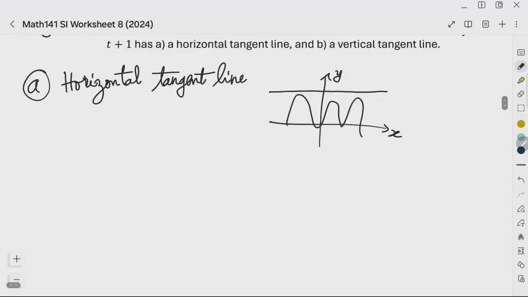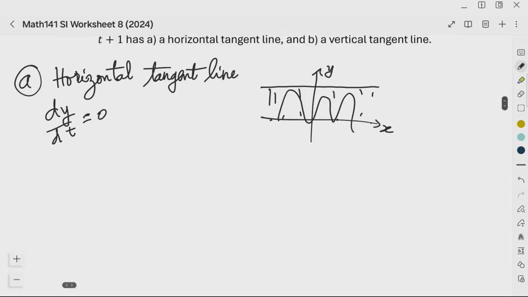It's only changing along the x direction. And by definition, that means dy/dt is equal to 0, right? Because our tangent line is not varying in the y direction. It's only varying in the x direction, okay?